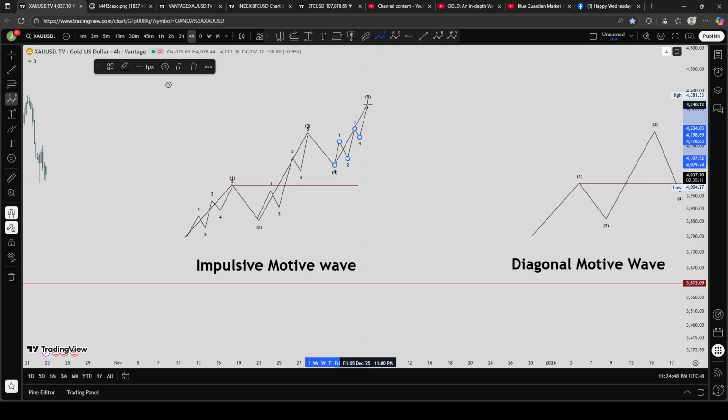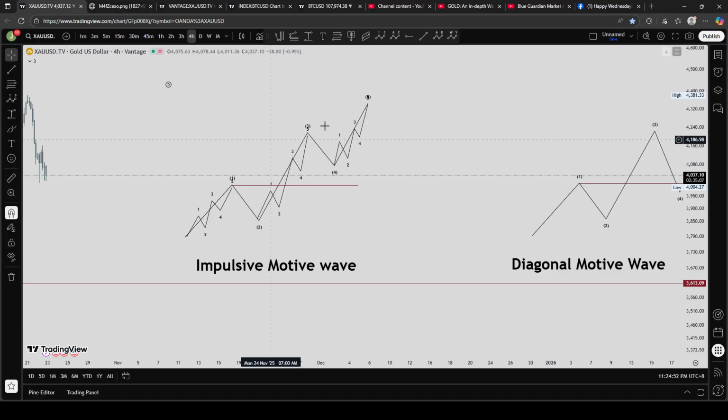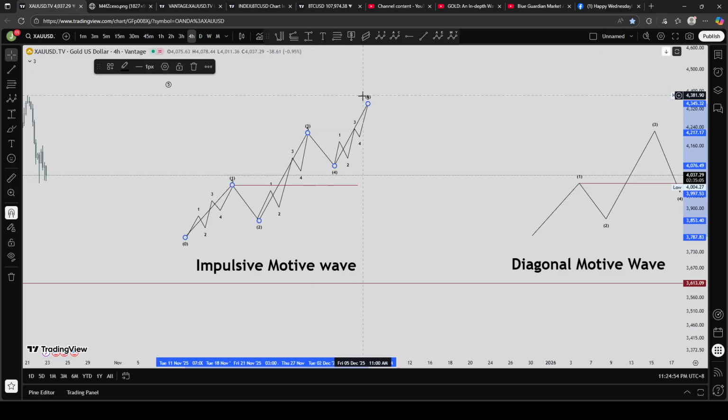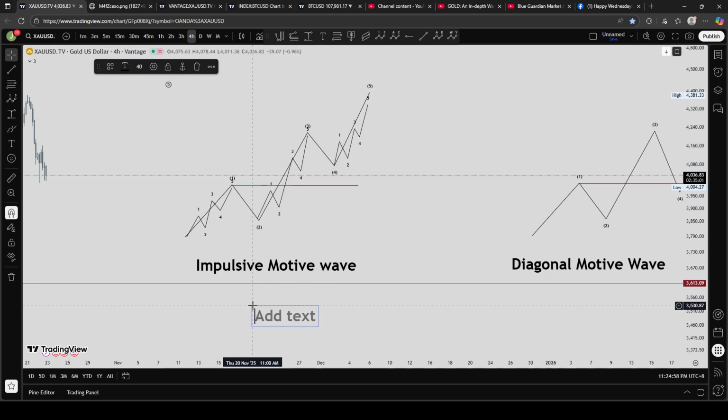The usual wave structure of an impulsive motive wave is 5-3-5-3-5 structure.